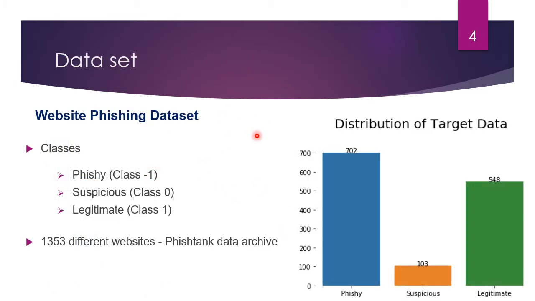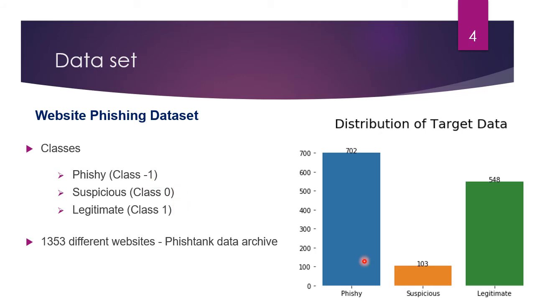For our project, we chose a phishing dataset in which 1,353 different websites from different sources were collected. Our labels are phishy, suspicious, and legitimate, and these labels are replaced by numeric values of -1, 0, and 1.